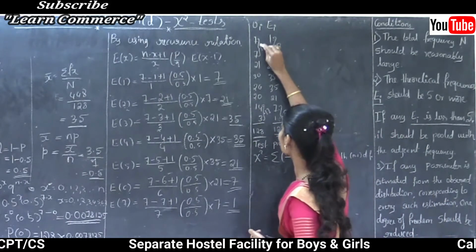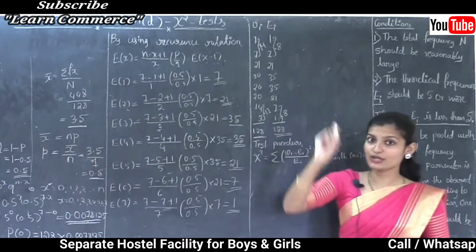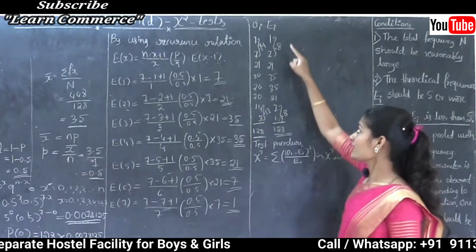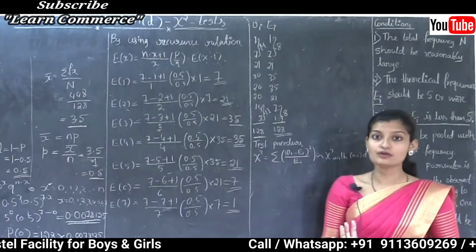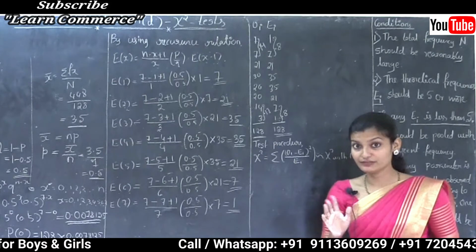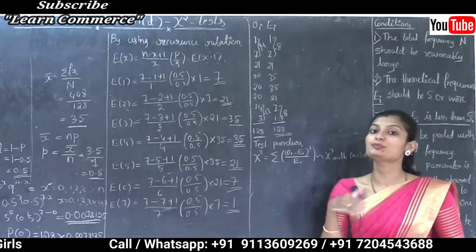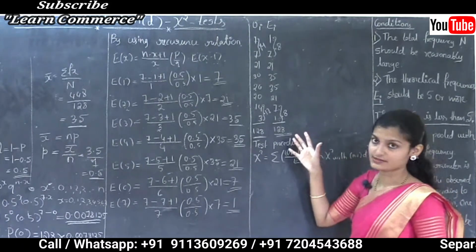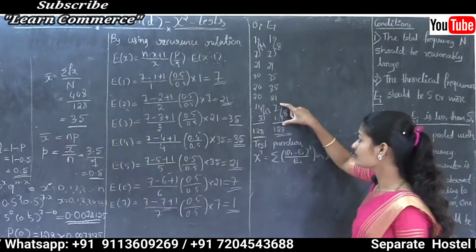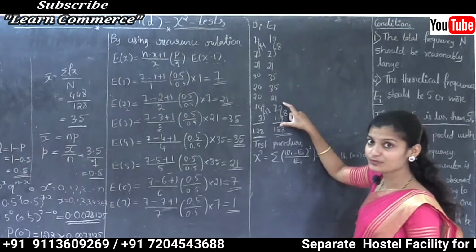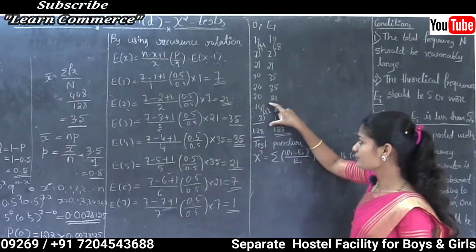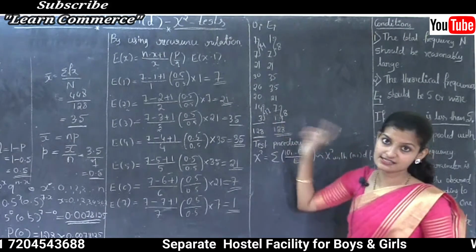So 7 plus 7 is 14. Okay, I hope you understood. See, EI value should be more than 5. So if it is less than 5, it should be pooled with adjacent frequency like this. The same procedure is applicable for this also.